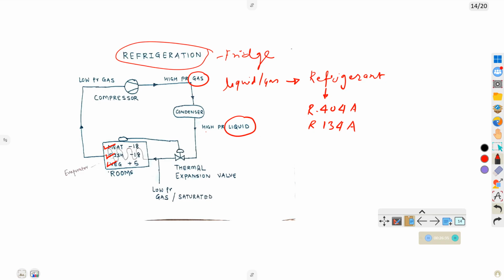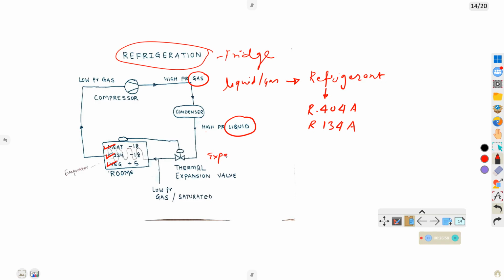In the thermal expansion valve, what is it doing? It is taking the feedback from the evaporator and controlling the opening of the thermal expansion valve. So when the fluid is flowing, it will expand.